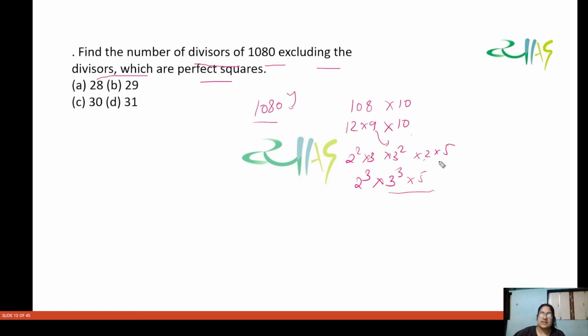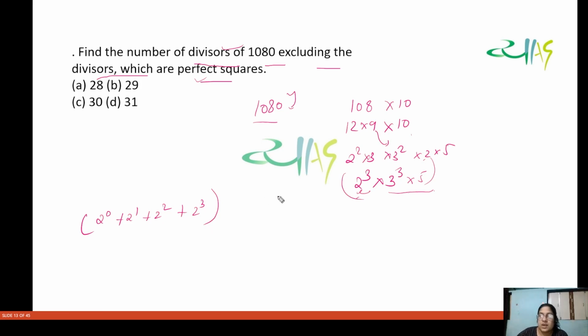Now it is asking find the number of divisors of 1080 excluding the ones which are perfect square. Now let's see which of the following are perfect square. So we need to write in the form of expansion of sum. Take this 2 to the power 3. So you have 2 to the power 0 plus 2 to the power 1 plus 2 square plus 2 to the power 3.